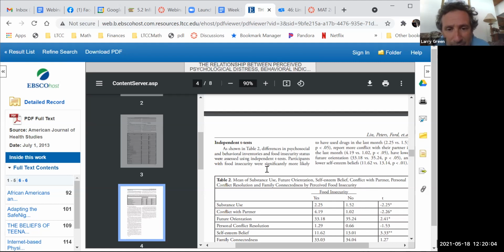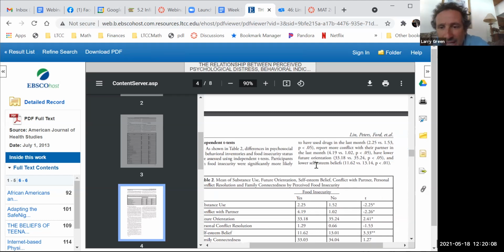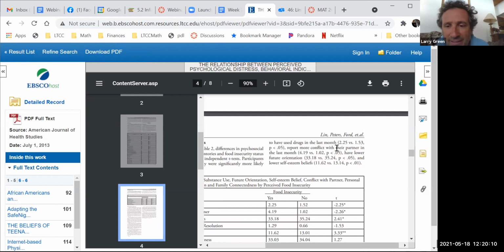Participants with food insecurity were significantly more likely to have used drugs in the last month, p less than 0.05. I want to focus on that. That's that p-value that I talked about a little while ago.